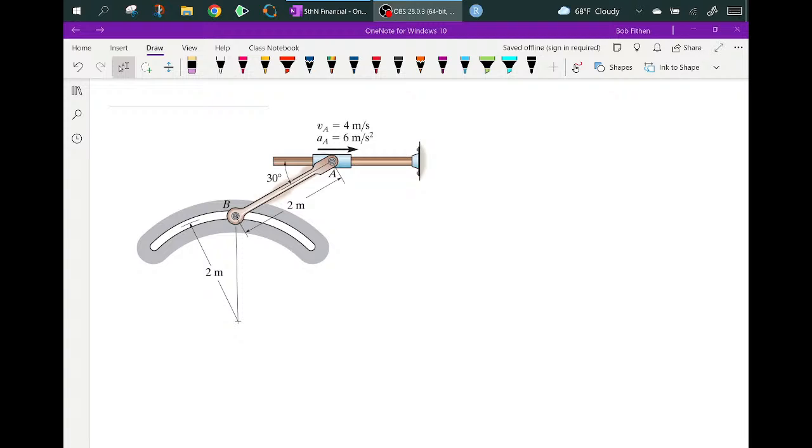Let's test this audio. How's this? Not getting any audio, but this is showing that there's audio.